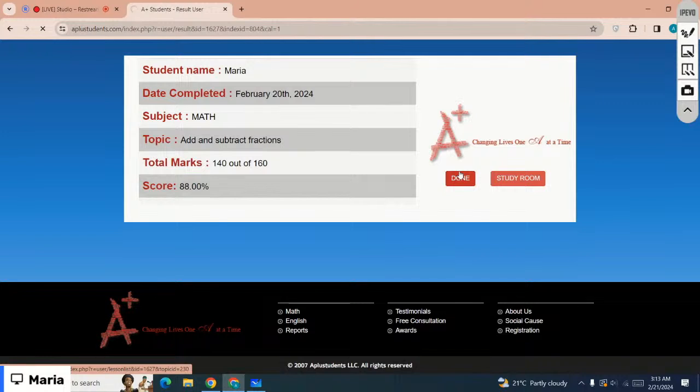And the next lesson is, I think, add and subtract fractions with like denominators.